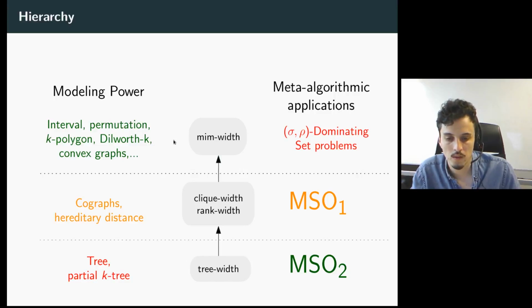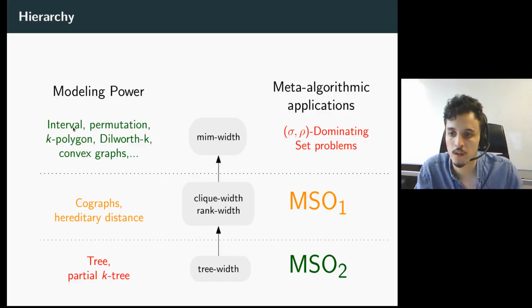These parameters induce the following hierarchy. This arrow here means that if a graph has bounded treewidth, then it has bounded rank-width. This diagram represents the relation between these parameters. You can see that clique-width and rank-width are equivalent, and Mim-width is bounded in strictly more classes than the other parameters.